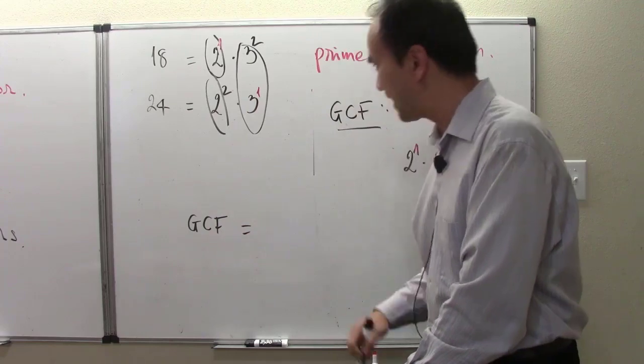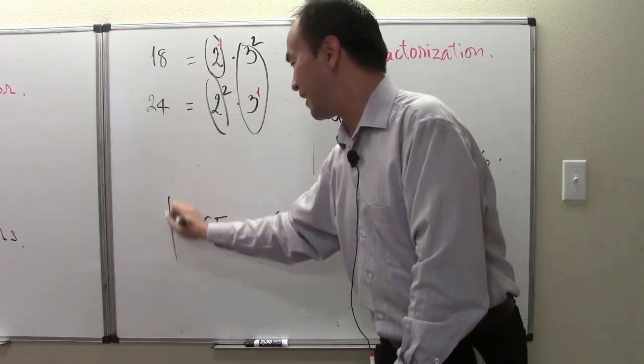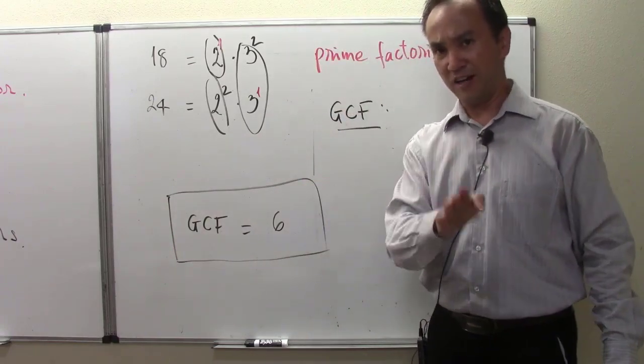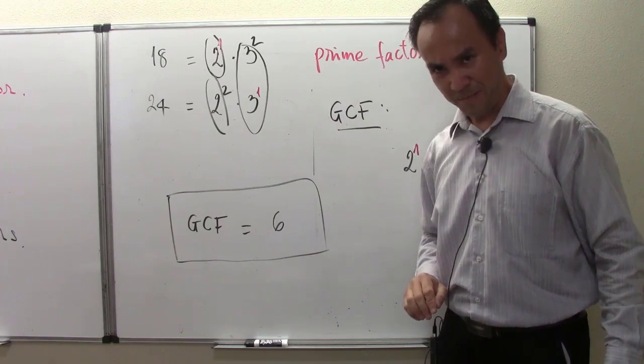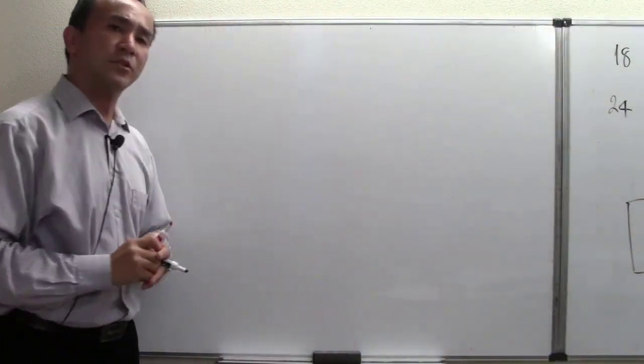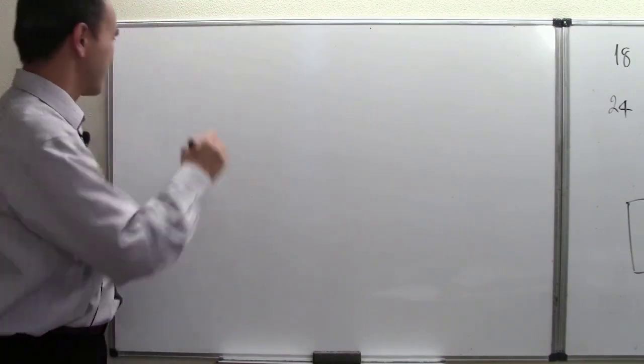The GCF that we found for the two numbers here equals 6, and that's how we have done it. That introduces the methods of how we can find the greatest common factor. In that way, let's look at some examples.